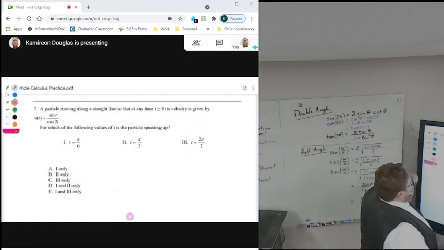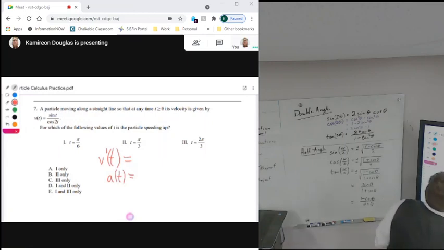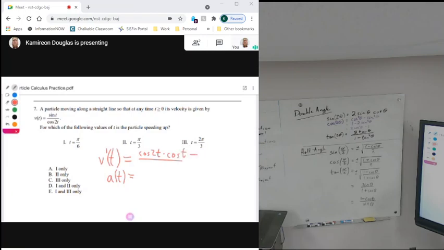So I'm going to take a derivative real quick. So v prime of t. This will be my acceleration equation. So I'm going to have to use a quotient rule, so I will do that first. Low, cosine of 2t, d high, so times the derivative of sine of t, derivative of sine of t would be cosine of t, minus high d low, so high sine t, d low would be 2 sine of 2t using the chain rule.